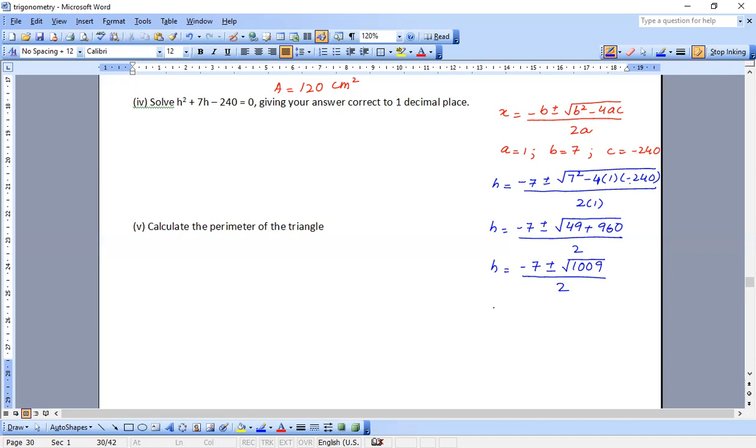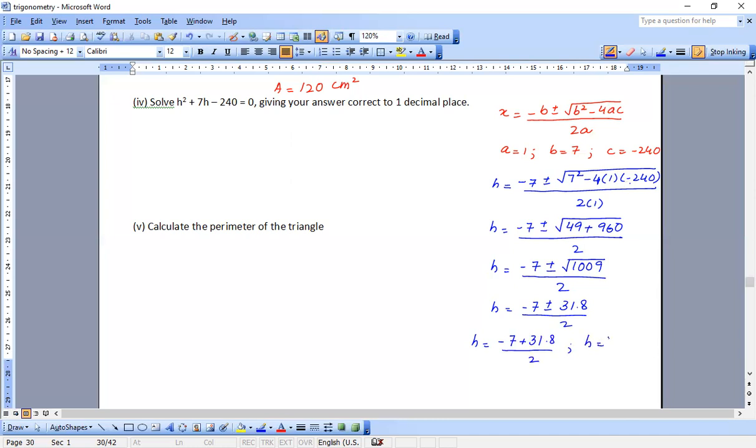Definitely 1009 is not a perfect square, so I'll take the square root with the help of the calculator, and I'll make sure that my answer is up to one decimal place as given by the question. Minus 7 plus minus the square root of 1009, which is 31.8, over 2. I can separate them. Minus 7 plus 31.8 divided by 2 is one value of h.